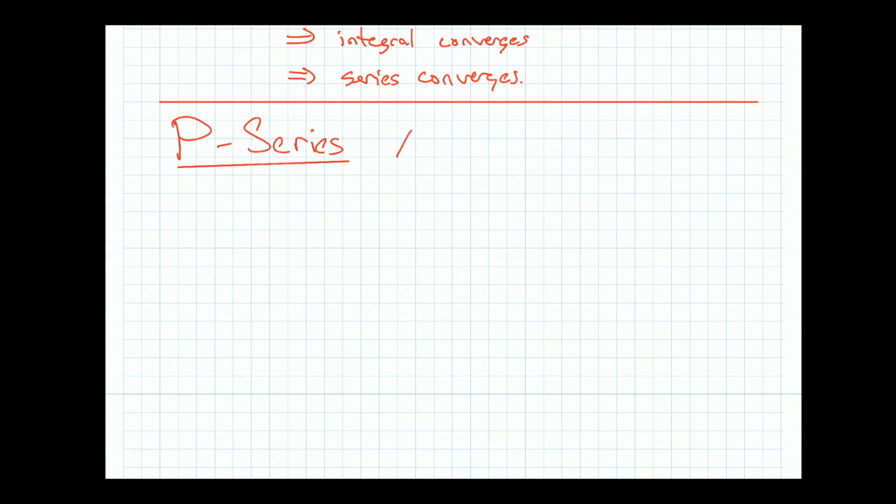A P series is this kind of series: the sum from 1 to infinity of 1 over n to the p.